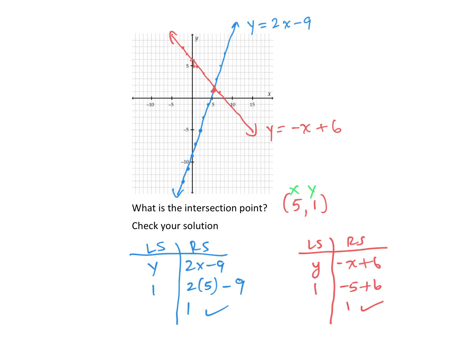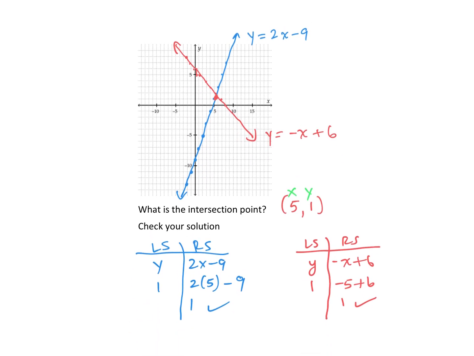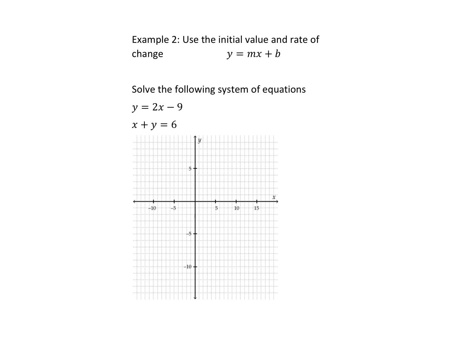So that's one way to graph, by making a table of values. You could also use the initial value and rate of change to graph. We don't have to make a table of values. So if I have 2x minus 9, the initial value is negative 9. So that means 0, negative 9 is on the y-axis. So I could plot that here.